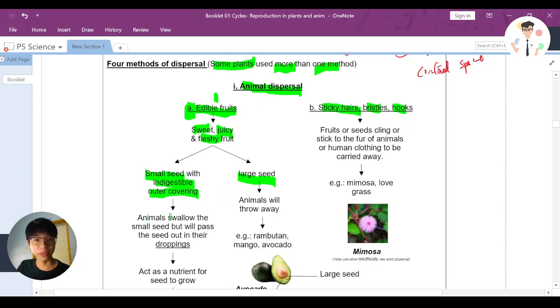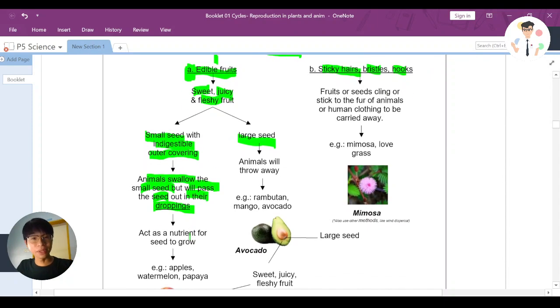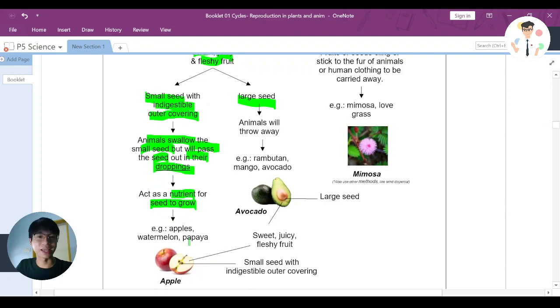Let me just write here. Animals swallow the small seed, but it will not be digested, and it will be passed out in their droppings. These droppings will also act as a nutrient for the seed to grow. Wow. Examples of this fruit are apples, watermelon, and papaya, which have small seeds with an indigestible outer covering.